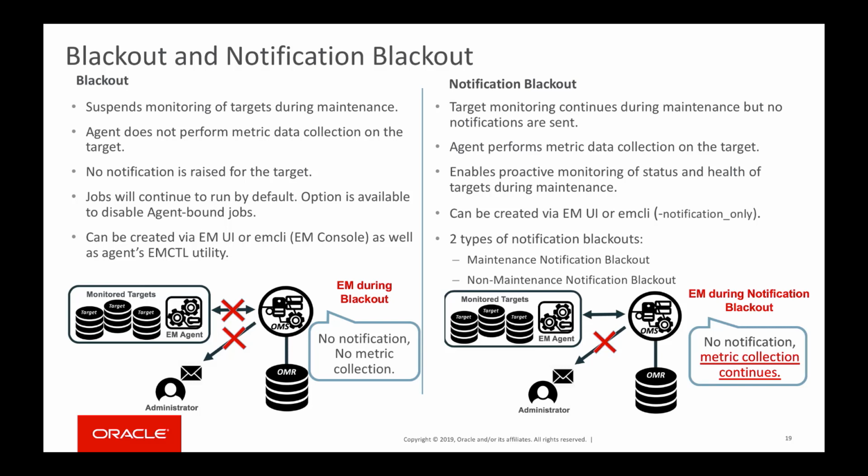Therefore, under notification blackout, if you go to Incident Manager, you see the event generated as usual as you bring the targets down. It just does not send notification for those events. So notification blackout can be used if you care about the SLA and want to keep the SLA affected by the target outage, but if you don't want to get the notifications, that's when you can use the notification blackout instead of blackout.